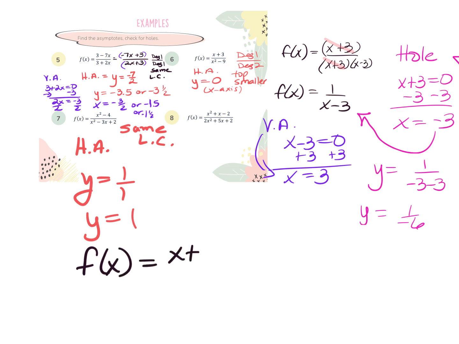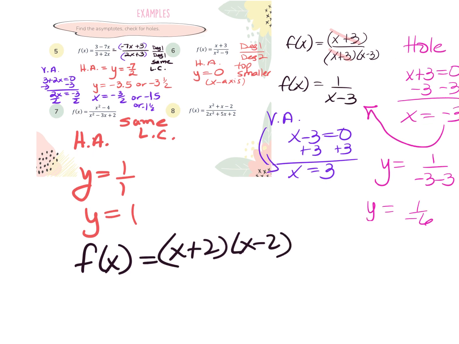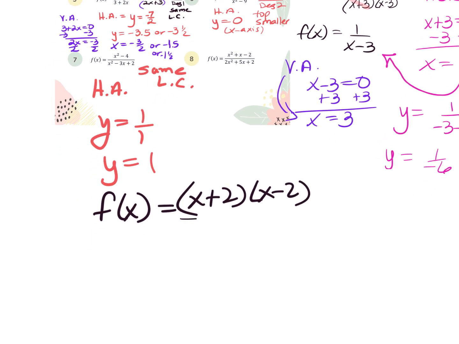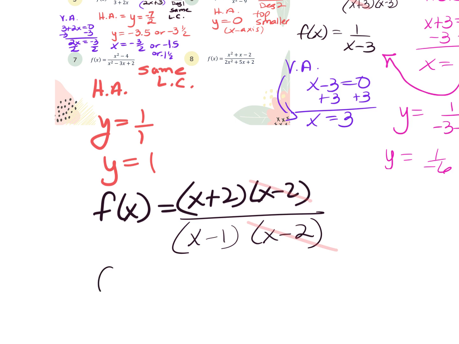So x plus 2, x minus 2 is the numerator factored. And then the denominator, factors of 2 that give me negative 3, that's going to be x minus 1 and x minus 2. So I can cancel the x minus 2's. That's where my hole is going to be located. So my simplified function is x plus 2 over x minus 1.